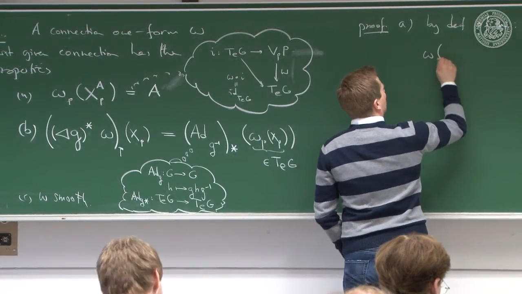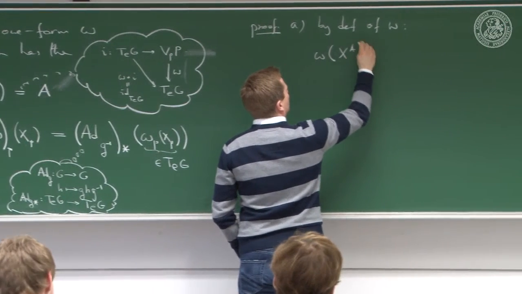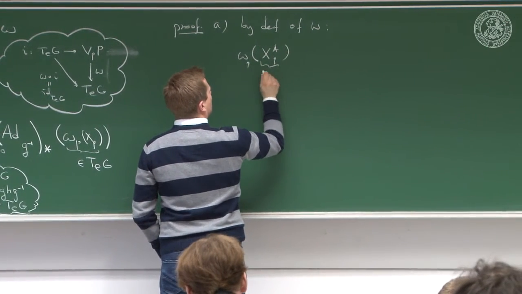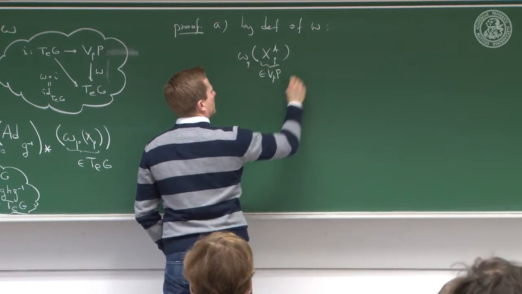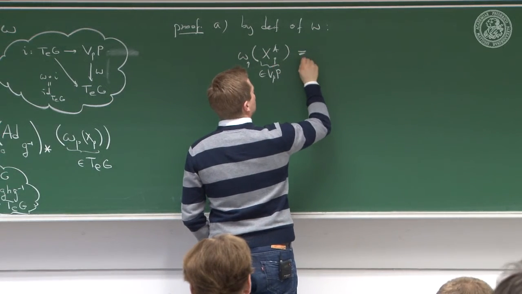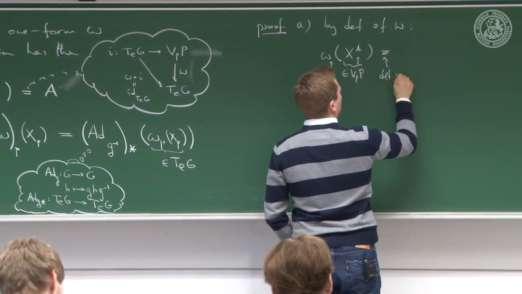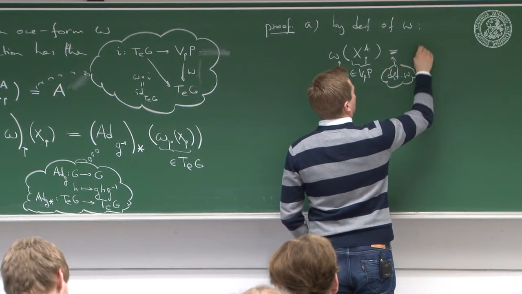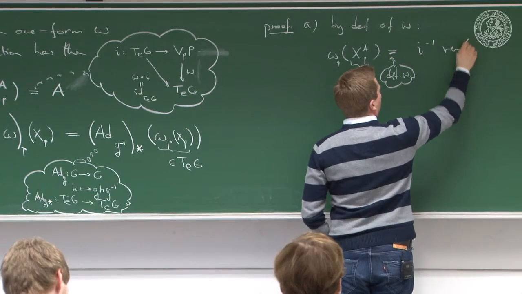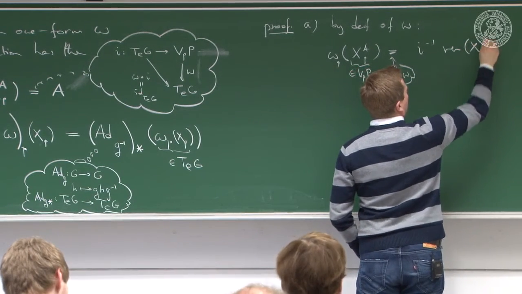So omega of XA at p, we know this is in the vertical space, and that's the definition of omega: it is I inverse of the vertical part of whatever has been provided.